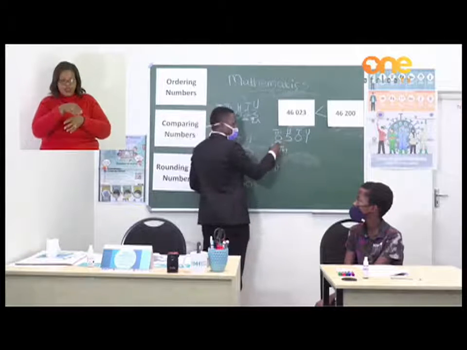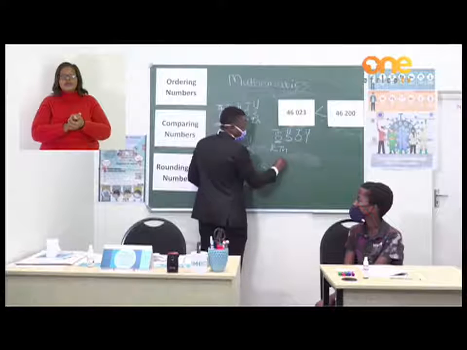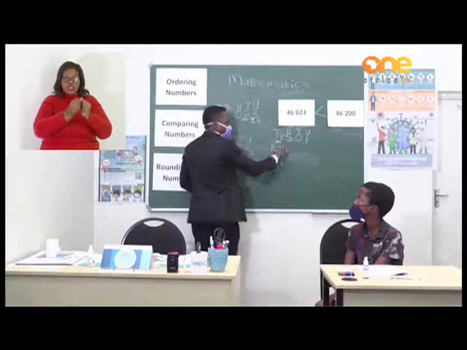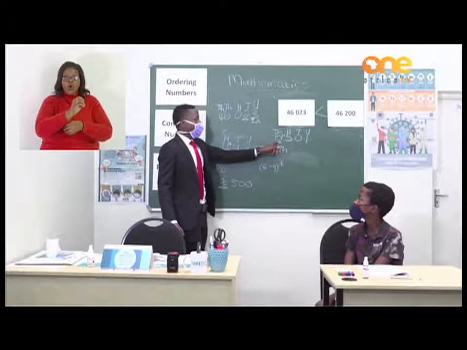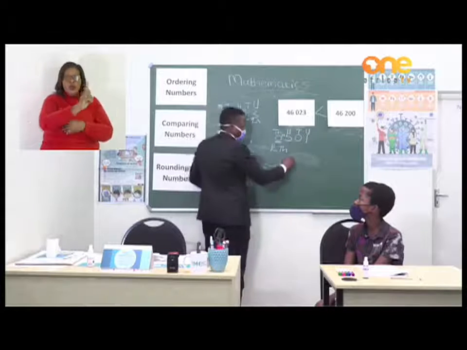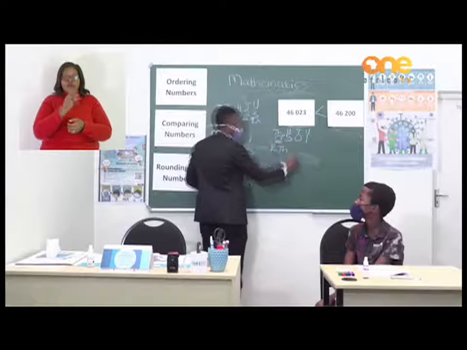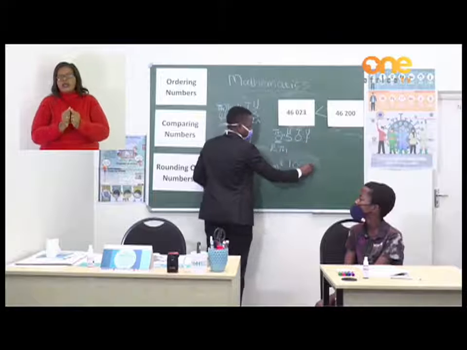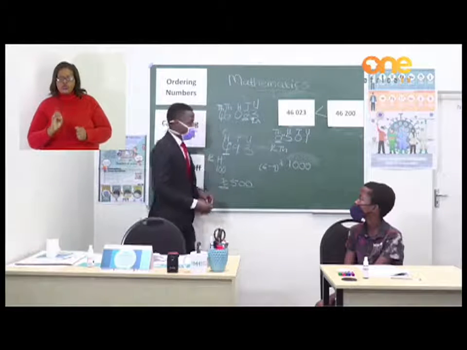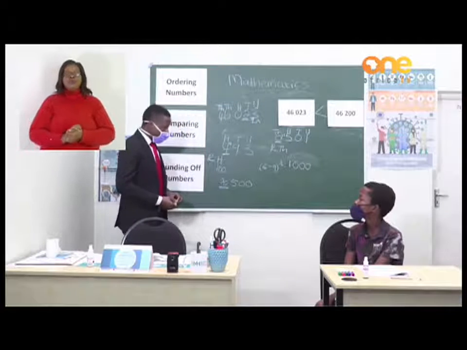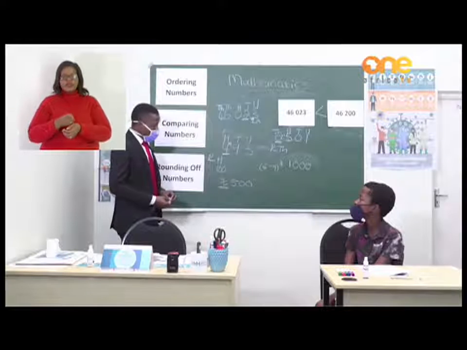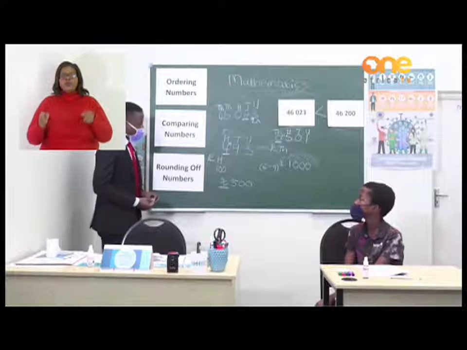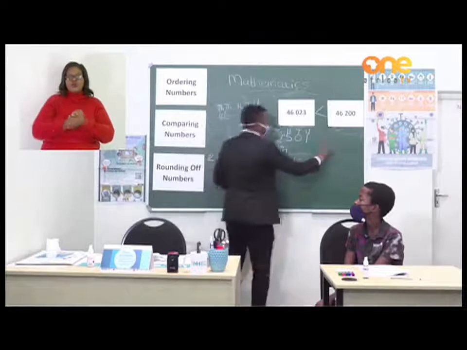So 5 will change 0, and by changing 0, we are adding 1. 1 added to 0, we of course have a 1. In place of this, I put a 0, place of that, a 0, place of that, a 0. Our answer is 1,000.